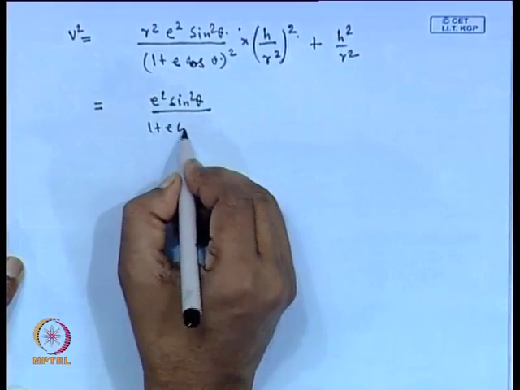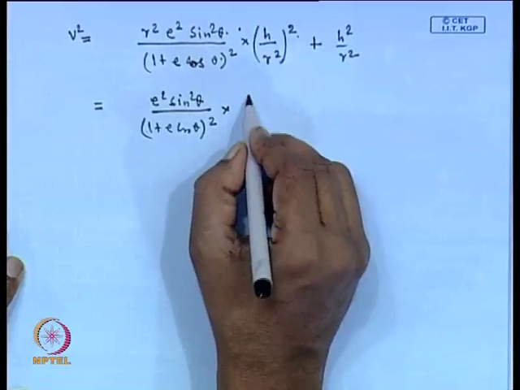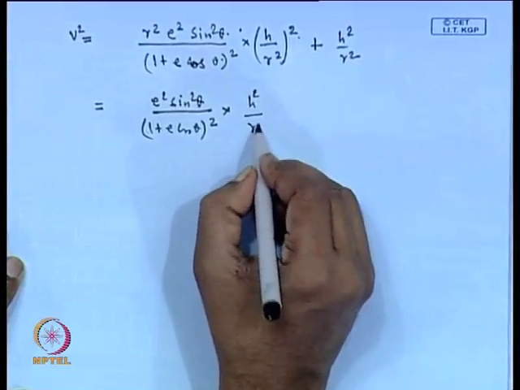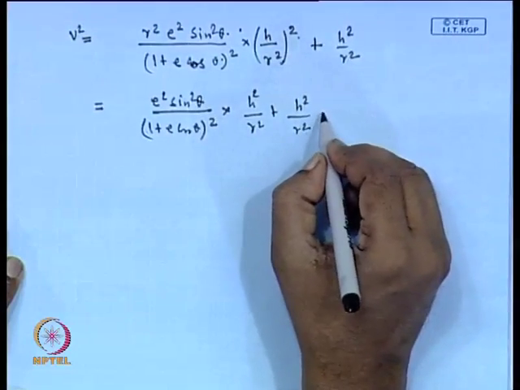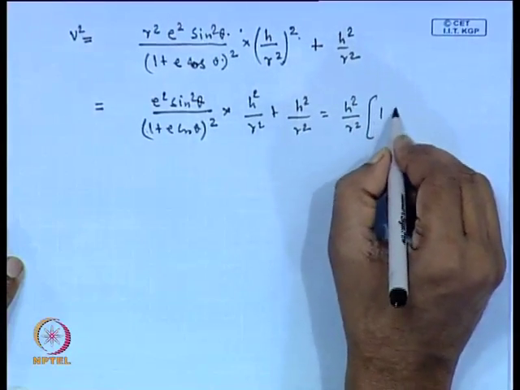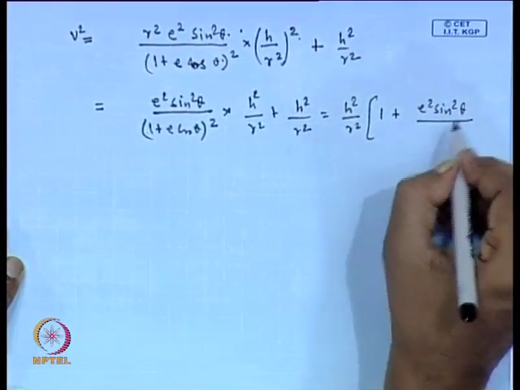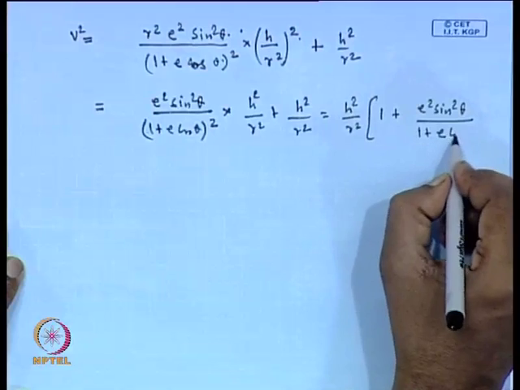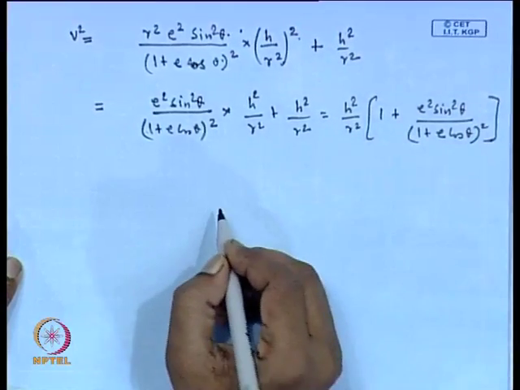So, (1 plus E cos theta) whole square times h square by r square plus h square by r square. Okay, h square by r square if we take it common, we are left with 1 by 1 plus E square sin square theta, (1 plus E cos theta) whole square.